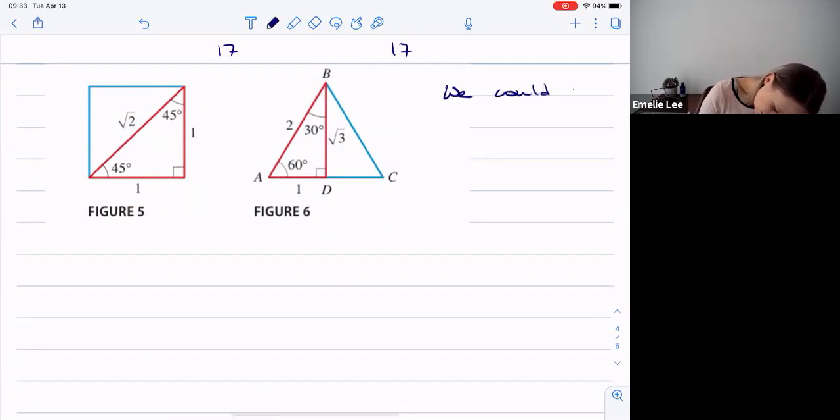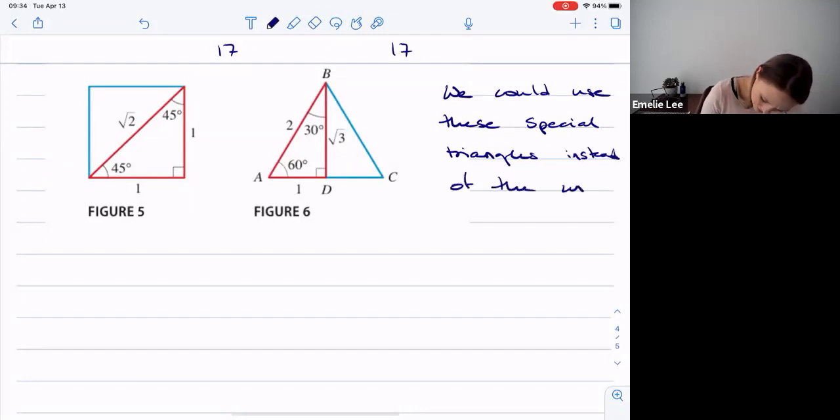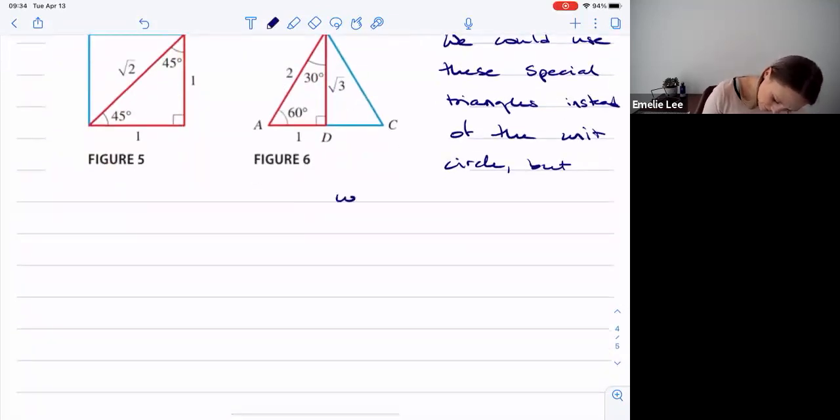Okay, so we could use these special triangles, and that's what they're called, special triangles, instead of the unit circle, but we only need one method.